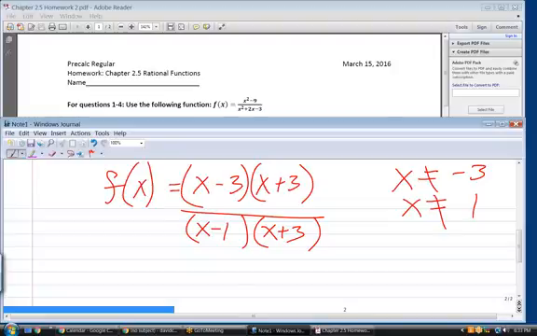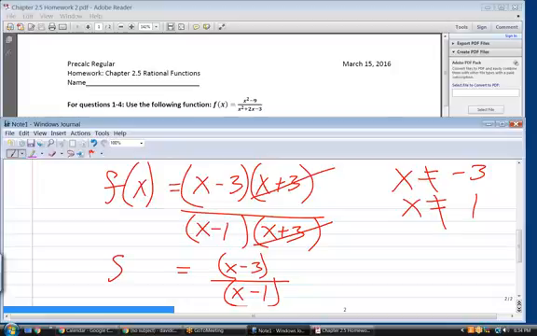Now, in point of fact, that x plus 3 will cancel with that x plus 3 to make the function look like this, but it does not alleviate the domain restrictions. In other words, that domain restriction that x cannot be equal to minus 3 still holds. Obviously, it can't be equal to 1 also. Even though we've reduced the function to this, the original domain restriction holds.